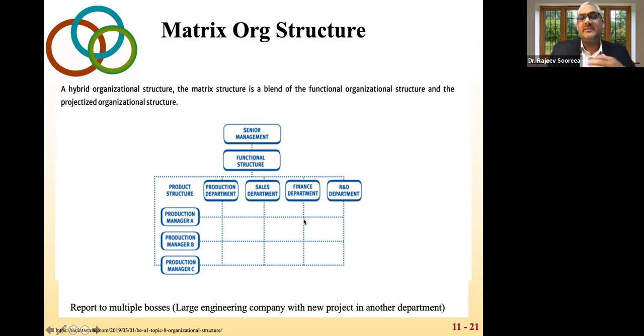So if I'm an engineering manager, I need to be responsible for the project budget. So I may need to work with the finance department and report to the finance department about the budget for the engineering project. I may also need to work with the R&D department and have a boss there to oversee the R&D of the engineering project. So I may have two bosses, one in finance and one in R&D, right? So it's a very complex kind of an organization.